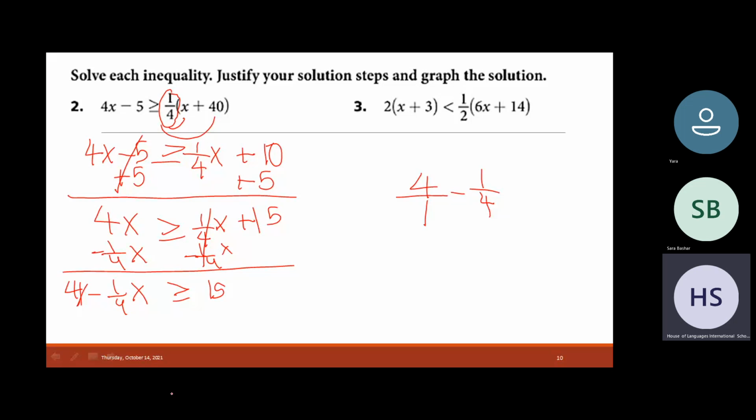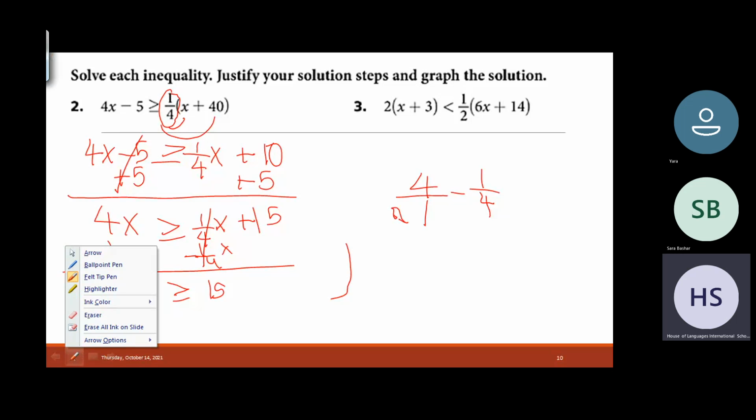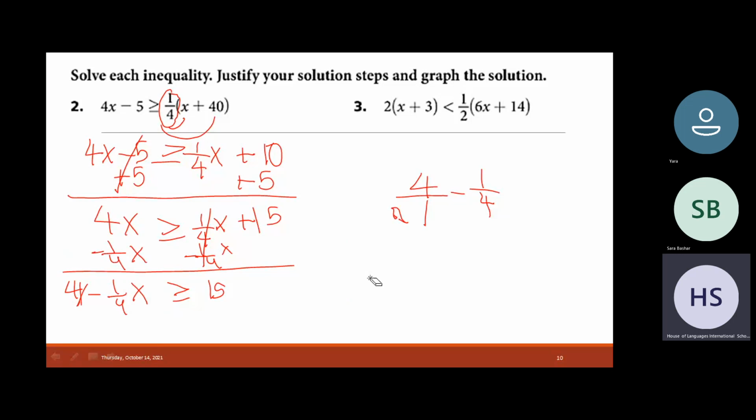If you divide it by another number, the number will be changed. But if you keep it 1, it's still the same.